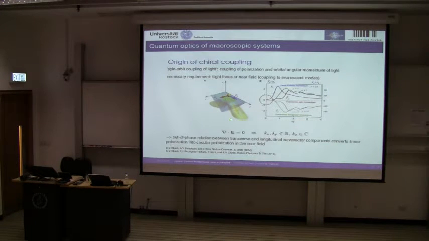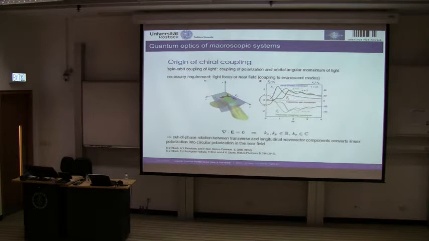Here's an example of a calculation from these two papers from Konstantin Bloch and his co-workers, showing that even at a flat surface where you have some evanescent field modes, if you shine a laser light from behind into the sapphire crystal here, which gets totally reflected, so you get an evanescent wave coming up here, you will actually see a directional, a chiral component of the force on, for example, a gold nanoparticle.